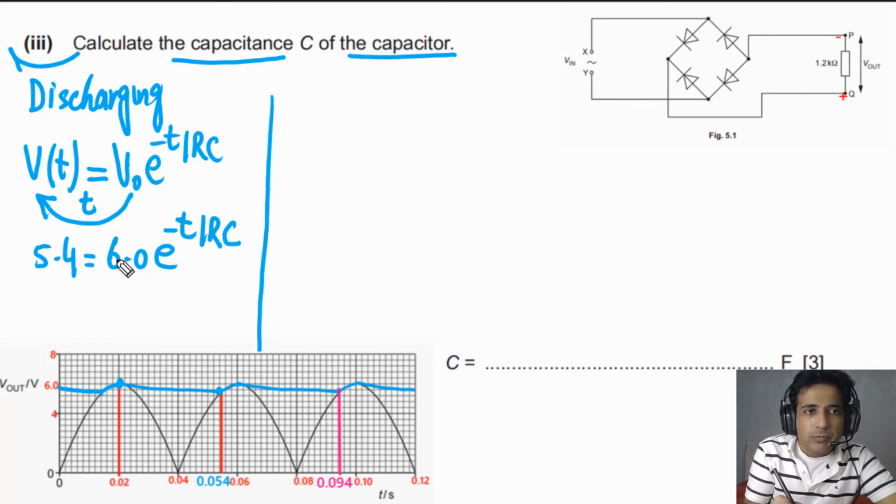So we can simplify this. We can write 5.4 divided by 6.0 equals e to the power of minus t, and this has to be divided by RC.